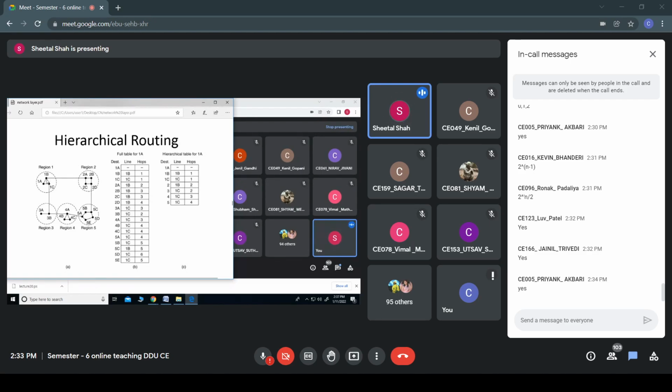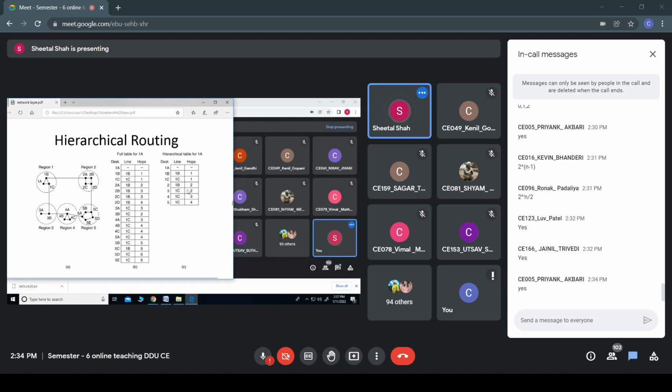Suppose 1A wants to send some packet to 2B, which is in region 2. It knows that it can go via 1B. This is the hierarchical table we can see. 1A knows how to reach 1B and 1C explicitly within its own region, but for other regions it doesn't know anything about the topology or how the routers are connected to each other.